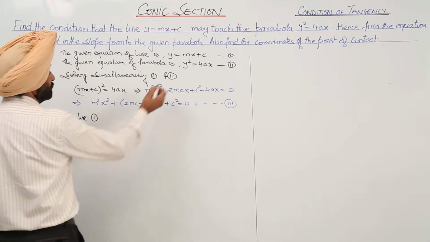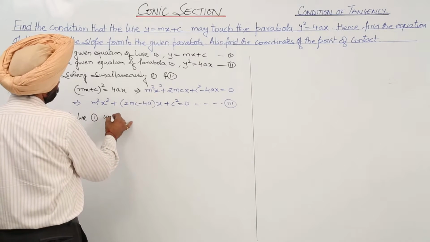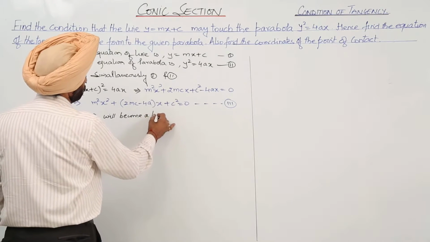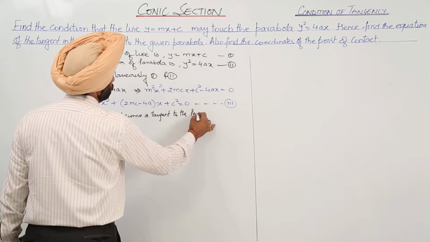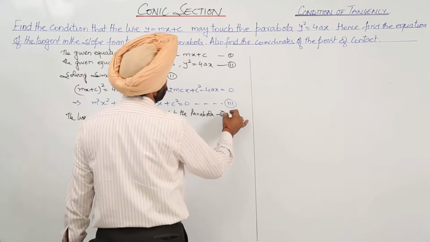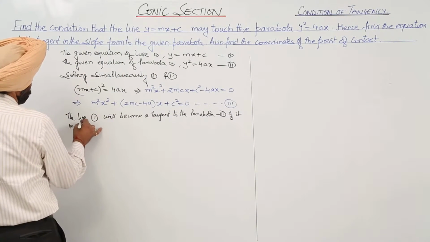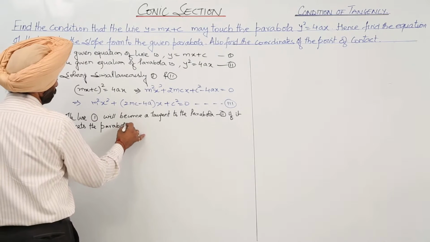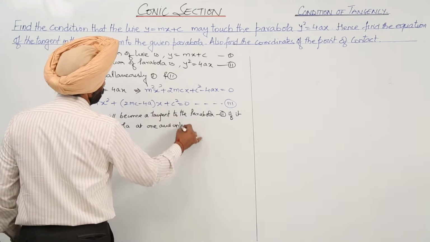Now the line 1, that is y is equal to mx plus c, will become a tangent to the parabola, that is equation 2, if it meets the parabola at one and only one point.